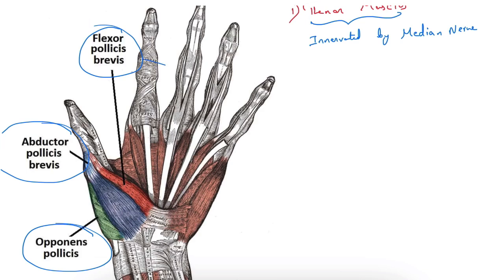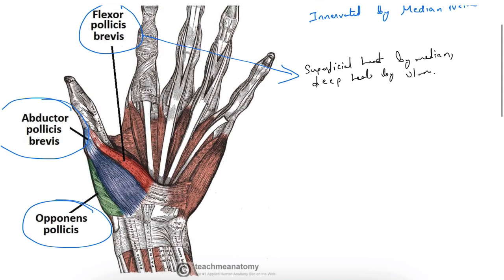In the flexor pollicis brevis, the superficial head is innervated by the median nerve, and the deep head by the ulnar nerve. If you are seeing this muscle, this is the opponens pollicis, this one is abductor pollicis brevis, and here this is the final muscle, flexor pollicis brevis.